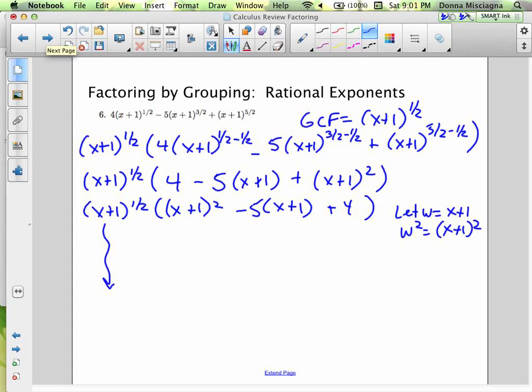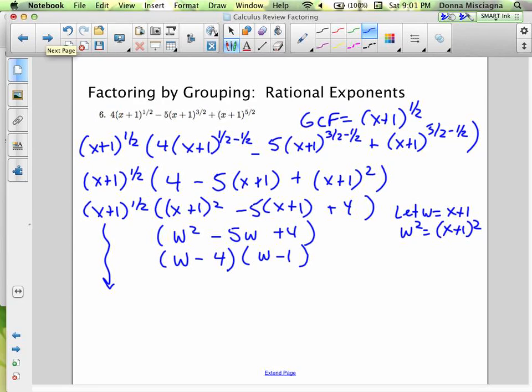So then this would be w squared minus 5w plus 4. And we just had one just like this before. W minus 4 times w minus 1. Right? Multiplies to give you 4, adds to give you negative 5.